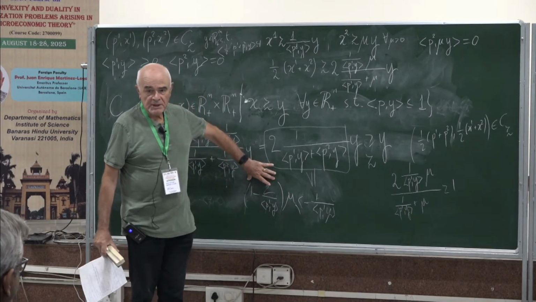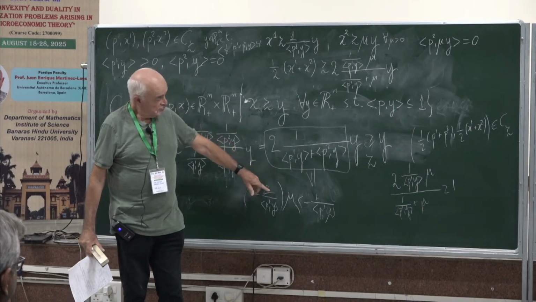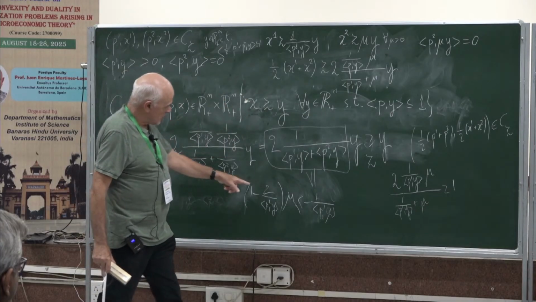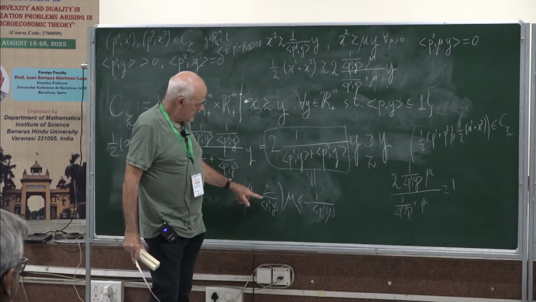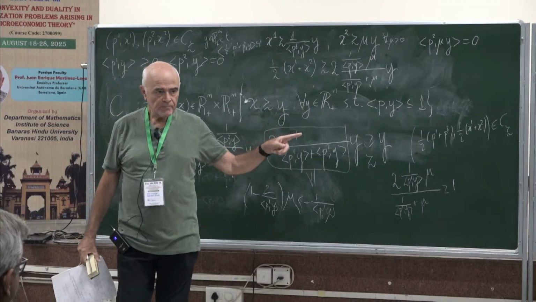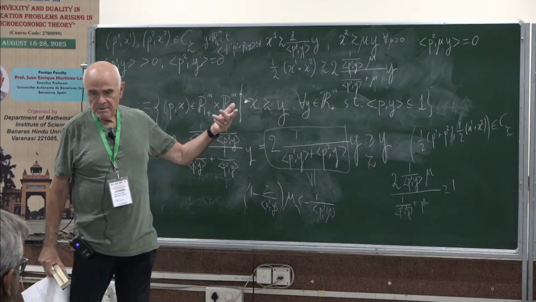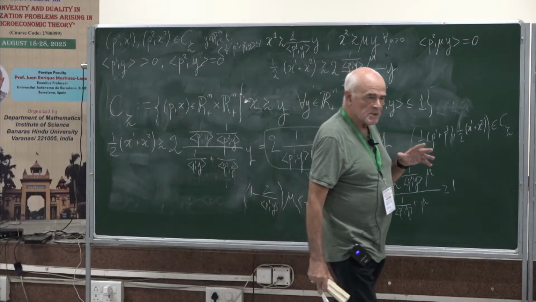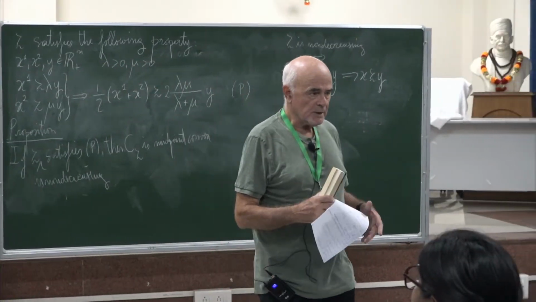If this coefficient is 0, which could be the case, then there is no positive mu because the right-hand side is negative. So if this is 0, as before we have a problem. So we have to distinguish subcases. It was not so simple as I was considering.